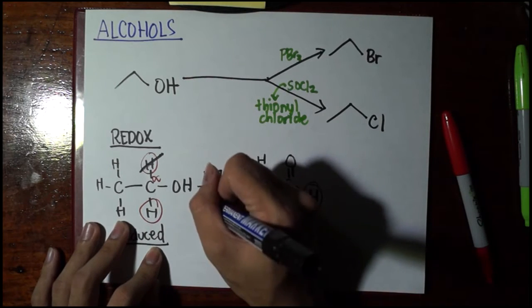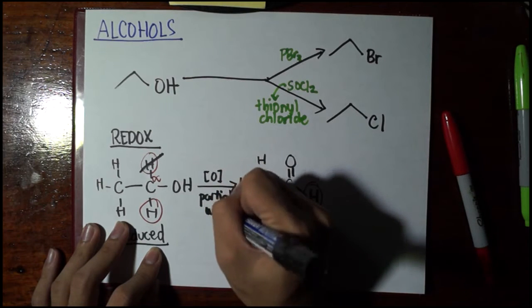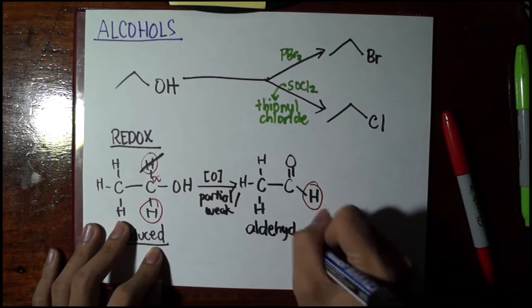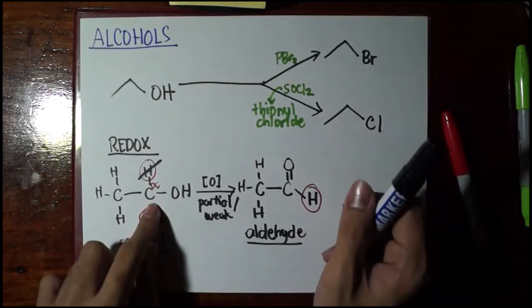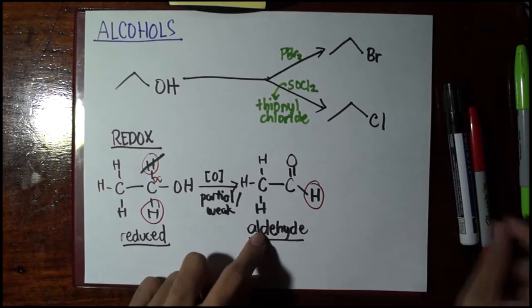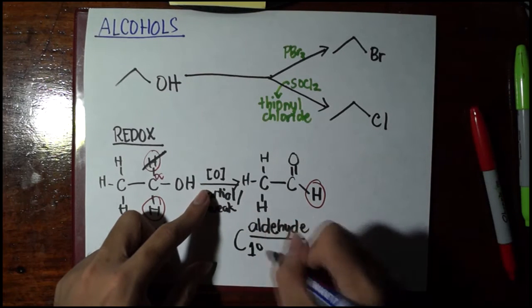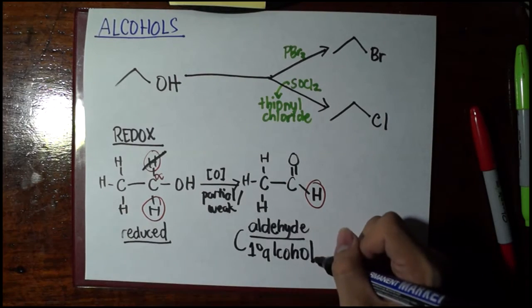So in a partial or weak oxidation of alcohol, we have an aldehyde. But take note that here we have a certain alcohol, and this is the alpha carbon. It is attached to one carbon. Take note that the aldehyde is a product of partial oxidation of a primary alcohol. Now, why did I mention that in the first place?